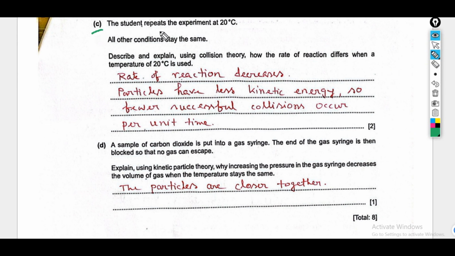Now the student repeats the experiment at 20 degrees centigrade. All other conditions are the same. Describe and explain using collision theory how the rate of reaction differs when the temperature of 20 degrees is used.